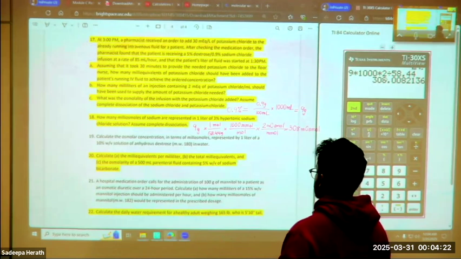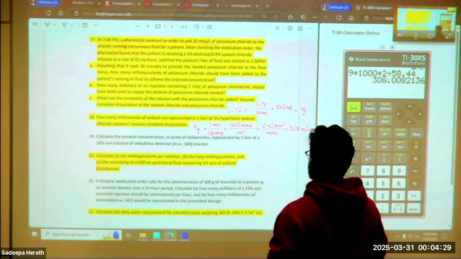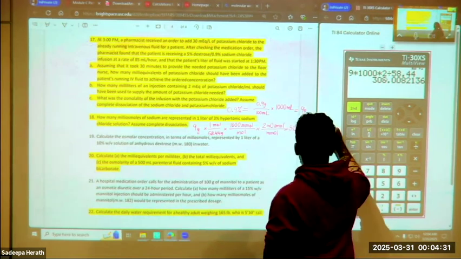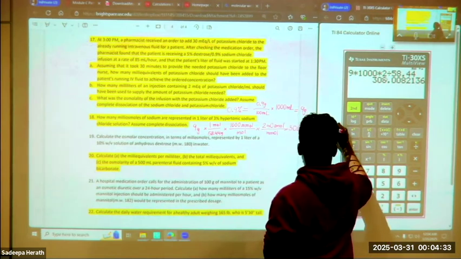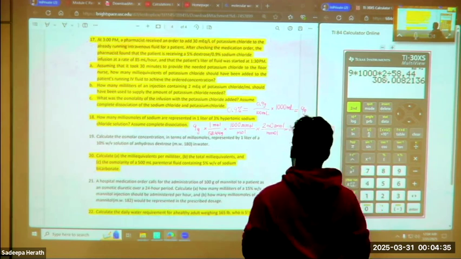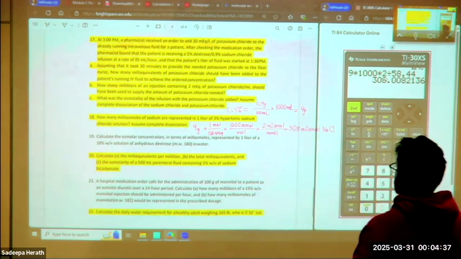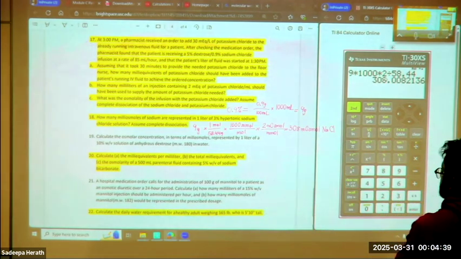Okay. And so that's for NaCl, sodium chloride, or normal saline, whatever you want to call it. Now we need to do dextrose.